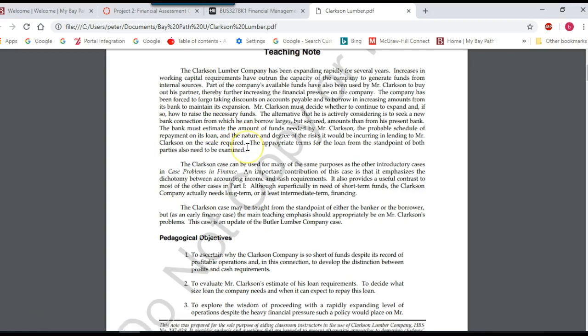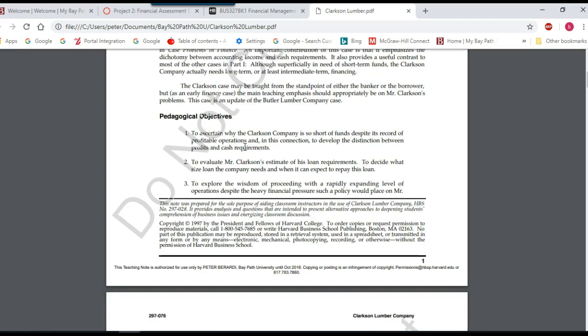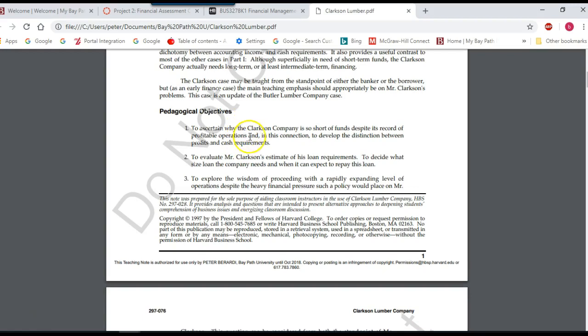The Clarkson case can be used for many of the same purposes as the other introductory cases in finance. The objectives are to ascertain why the Clarkson company is short of funds despite its record of profitability, to evaluate Mr. Clarkson's estimate of his loan requirements, decide what size loan the company needs and when it can expect to repay it, and to explore the wisdom of proceeding with a rapidly expanding level of operations.